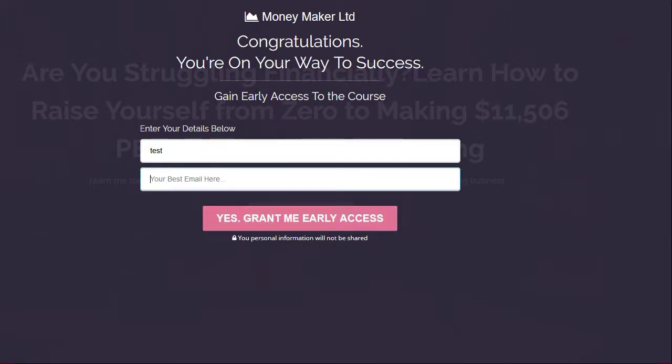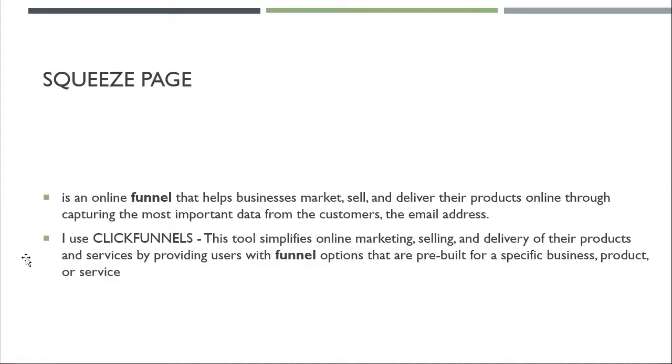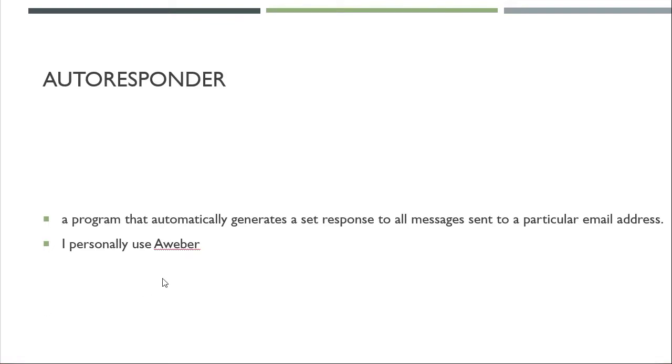Now when the autoresponder gets that information automatically, the customer will get an email from that autoresponder. So you see how beautiful it is, right? You no longer have to manually capture the email address and manually send an email to that person. The system that you set up will do everything for you.